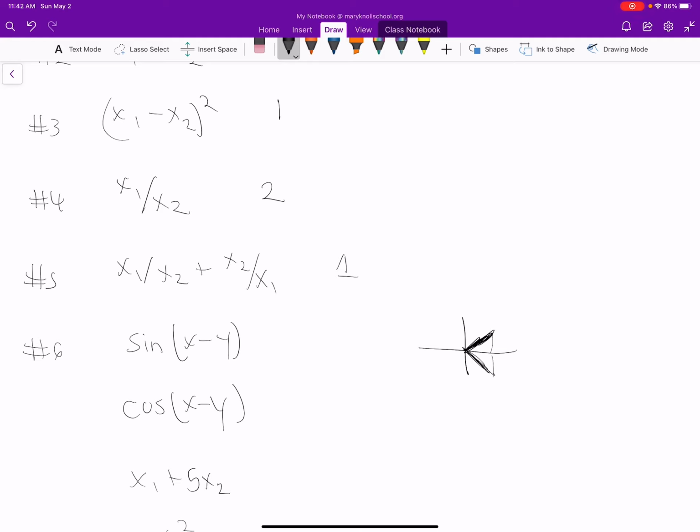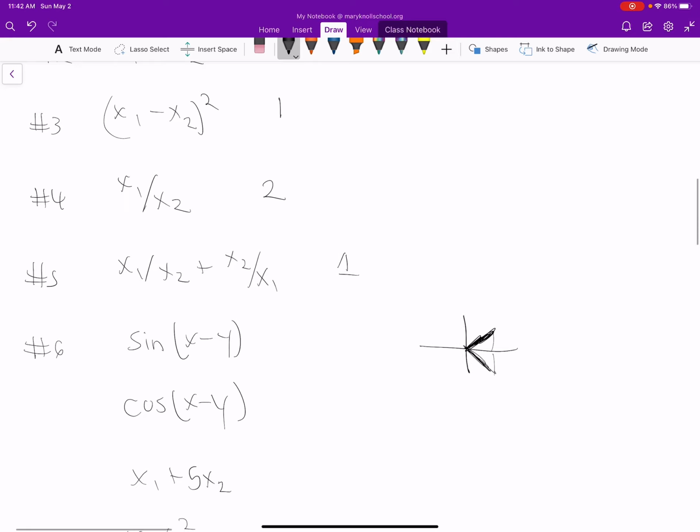So we could get a positive and negative as well. So let's just say we could get two distinct variants. Yeah, 2.